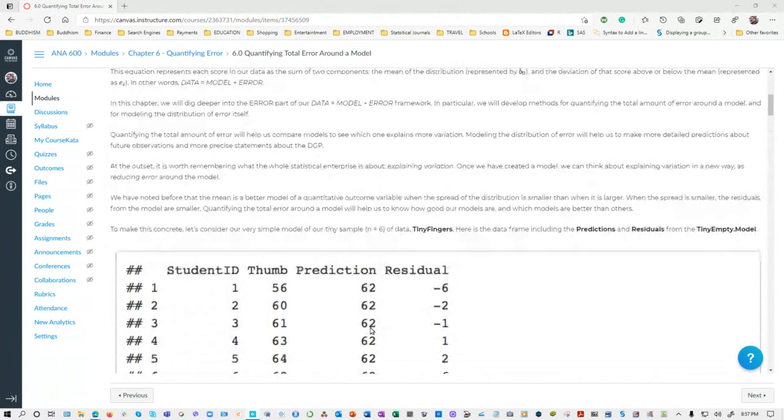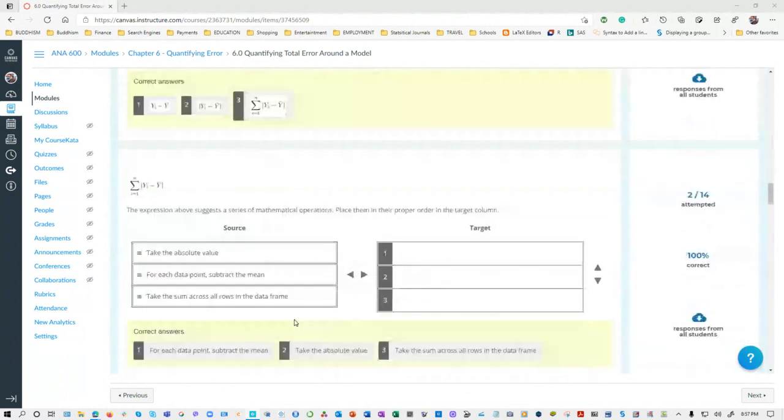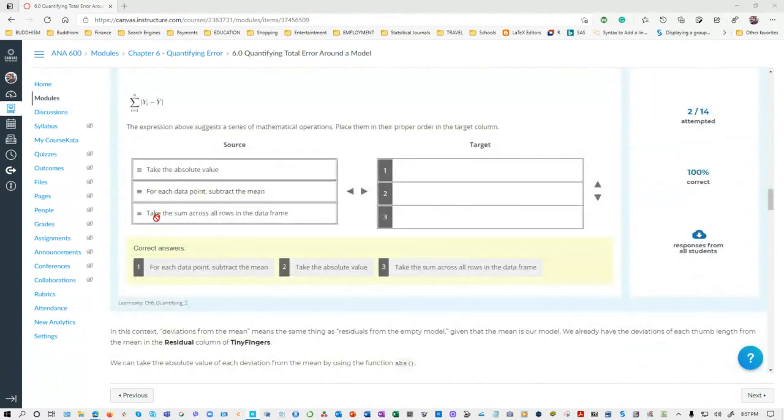Then next, take the absolute value. Then take the sum across all rows in the data frame.